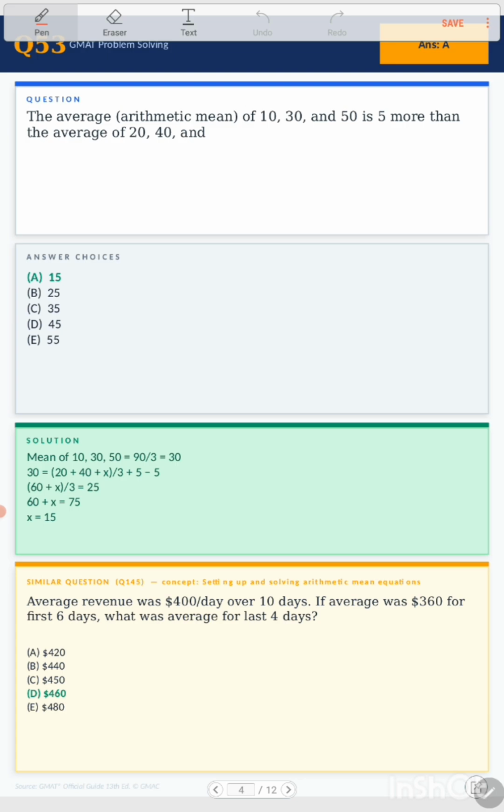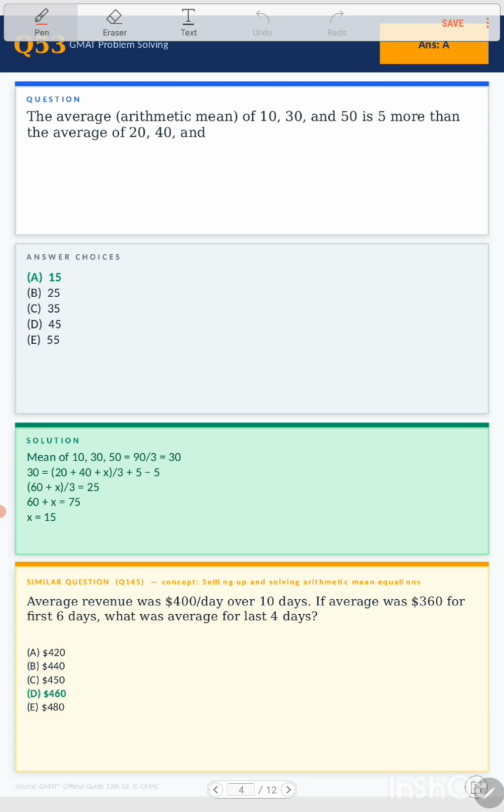First, calculate the first average. The average of 10, 30, and 50 is 30, and it is 5 more than the average of the second list. So what is the number that is 5 less? The number is 25. So the average of the second group is 25.